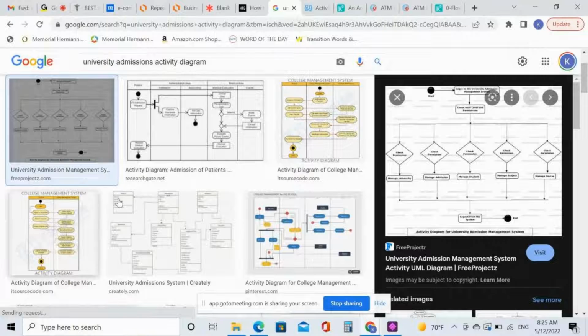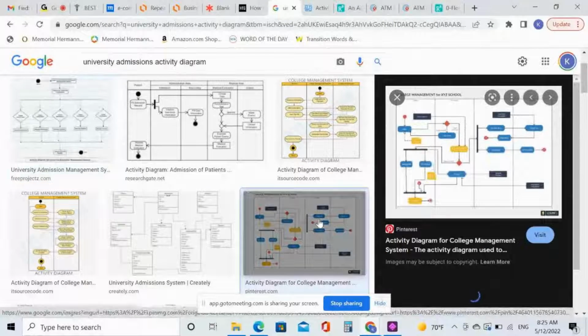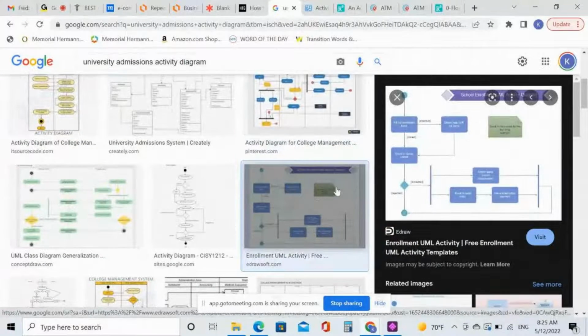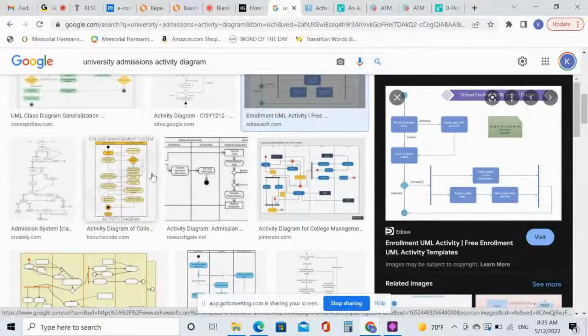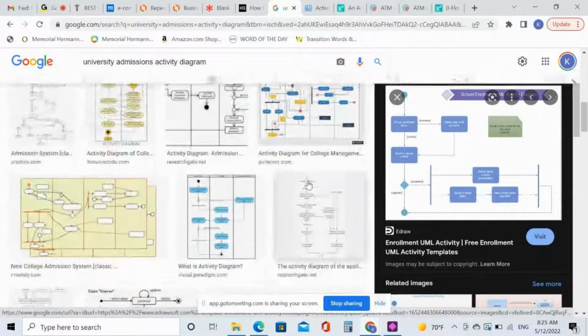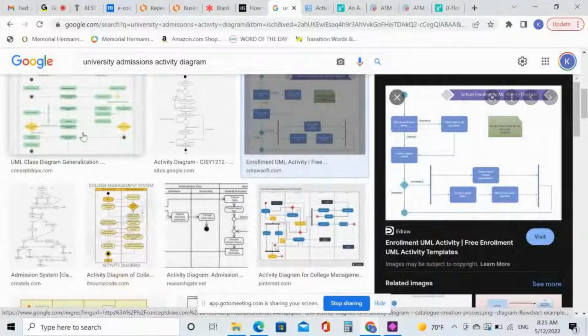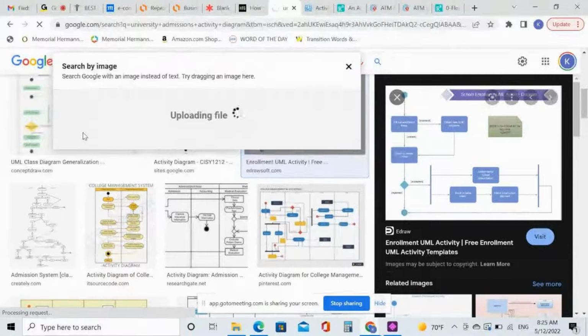Yeah, university admission, you should get it. Scroll down and then see the green one, third row, first one, sorry, third row, first green one was there. See, yeah, class diagram centralization.